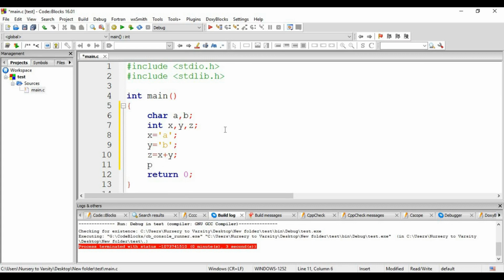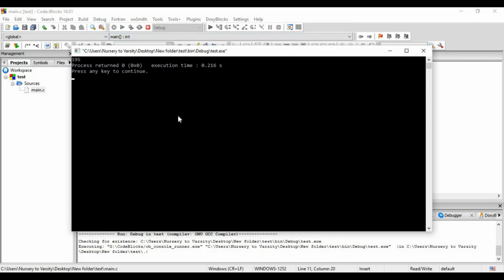We can print it also. Okay. Now, is this program you are seeing correct? Let's execute and check it. Yes, it is correct and it is giving some value too. But what's that? Let's close it.